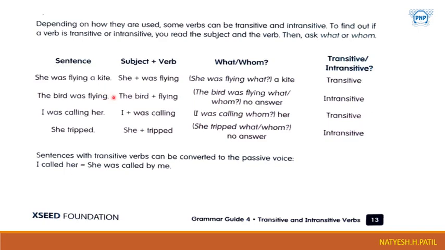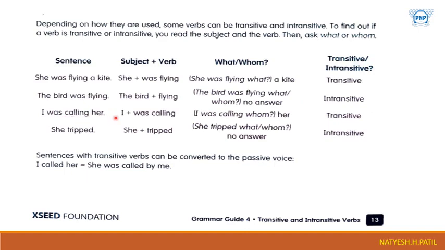In this case, there is no object. The object is missing or not needed for this particular type of sentence. Hence, the type of the verb is an intransitive verb. Got it? Understood?